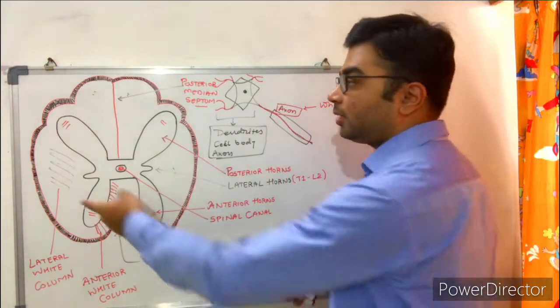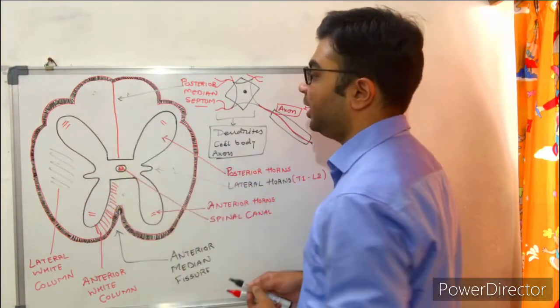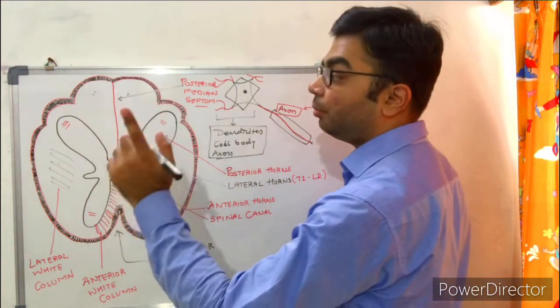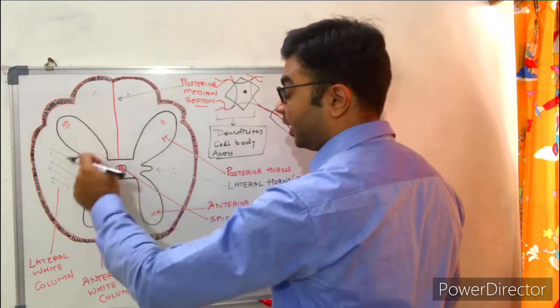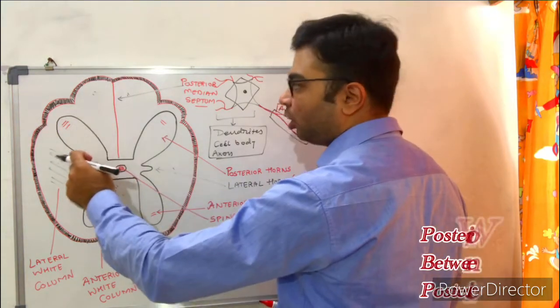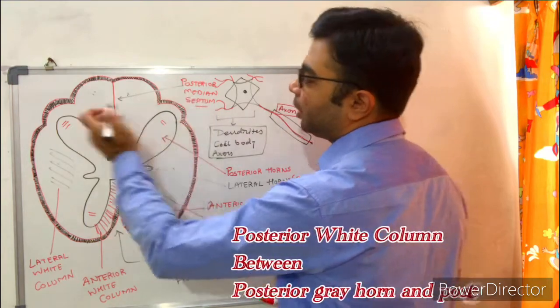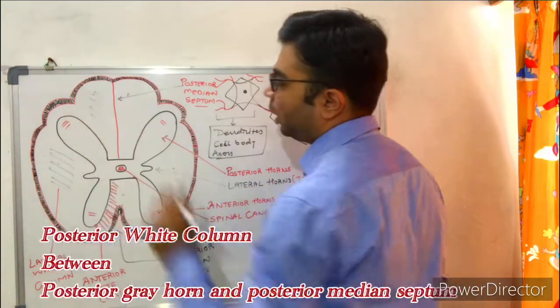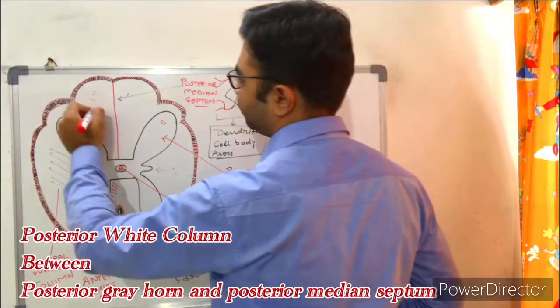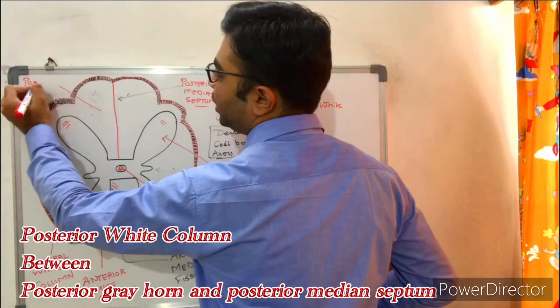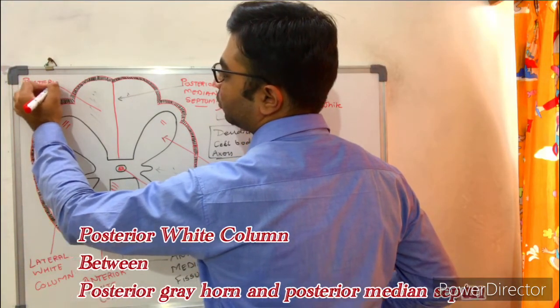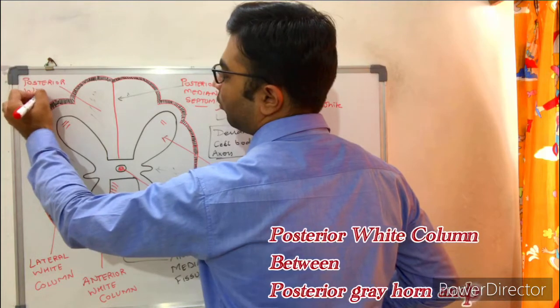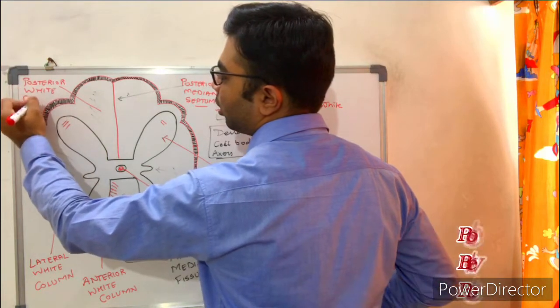And the last area, over the posterior side, is the area between the posterior gray horn and the posterior median septum. This much area is termed the posterior white column.